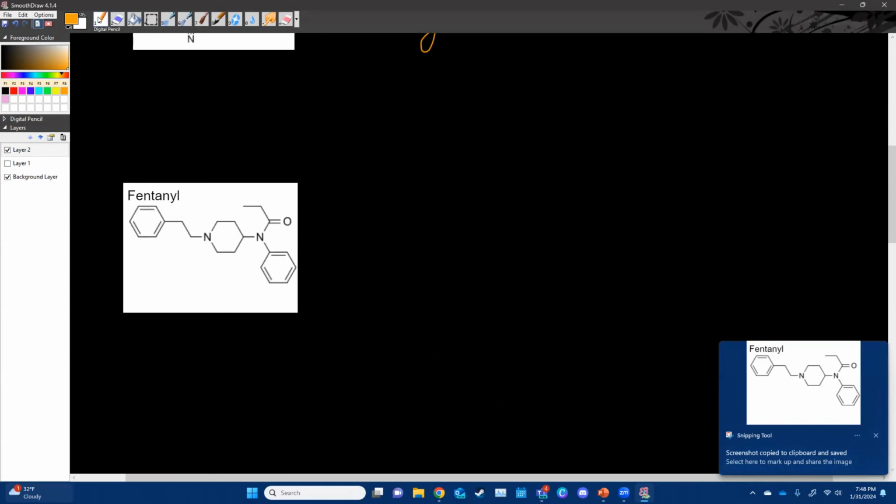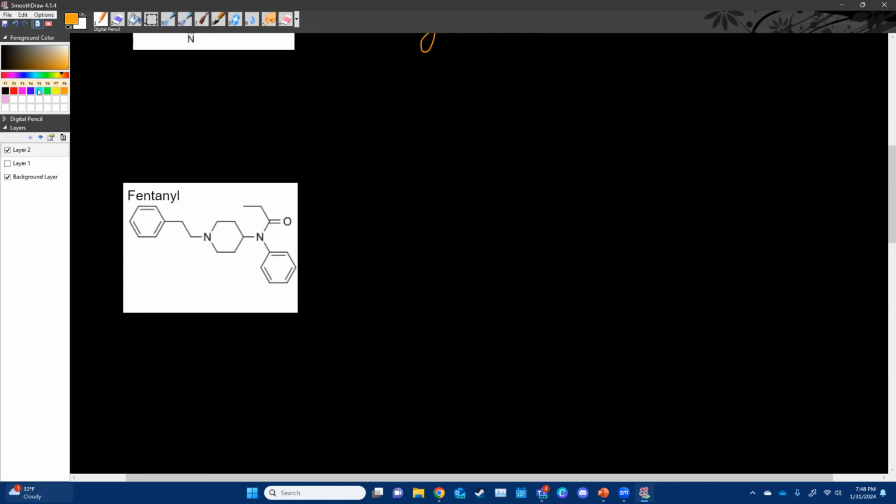Similar, but going in the opposite direction. So instead of making the drug so bad at being absorbed, we're making the drug so good at being retained or crossing the blood-brain barrier. So again, we have ring A and ring E. But what's interesting here is that instead of having that ether, what fentanyl uses is this bridging nitrogen.